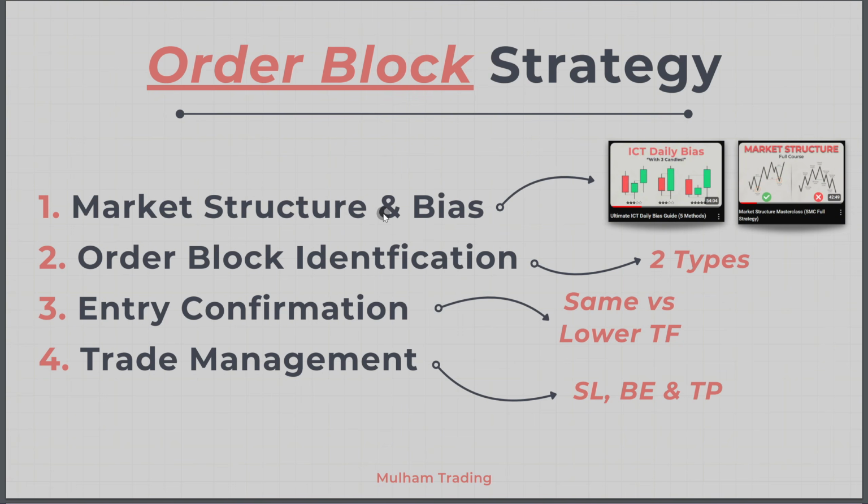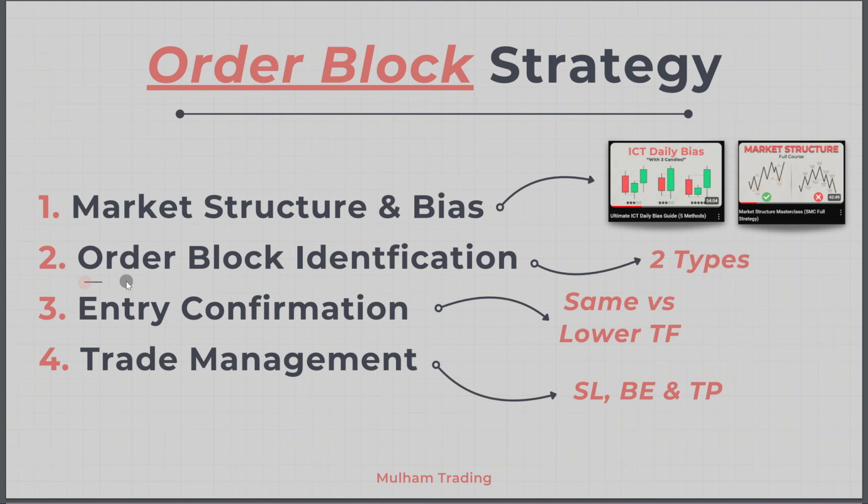And then for the market structure, I have a market structure masterclass, a full course on market structure that no one ever explained like this. It is almost 43 minutes. So that's going to be another 43 minutes. That's almost 2 hours added to the video. I cannot repeat all those tutorials again in one video, but make sure to watch those 2 videos. It's going to help you with identifying the bias as well as the market structure.